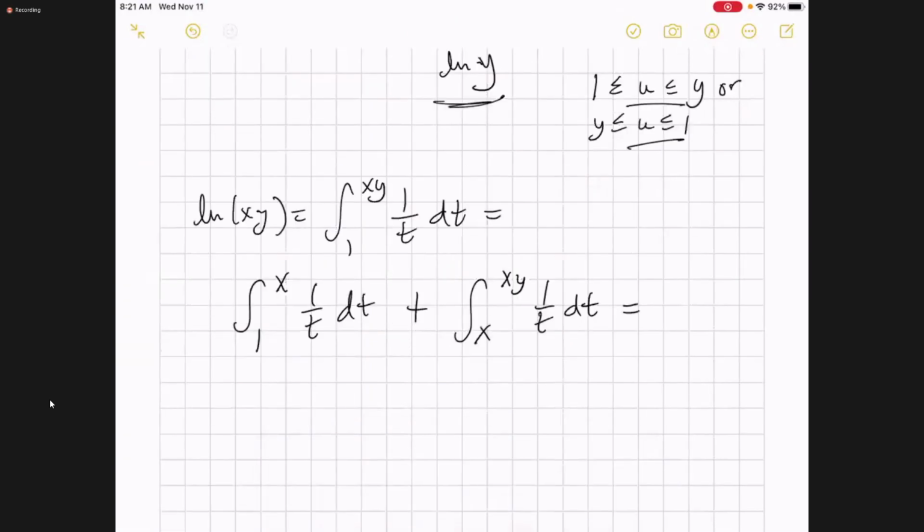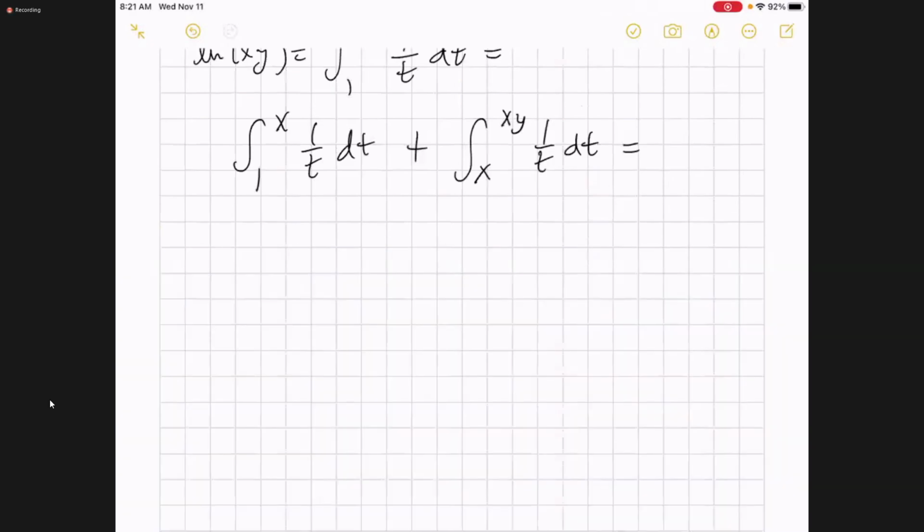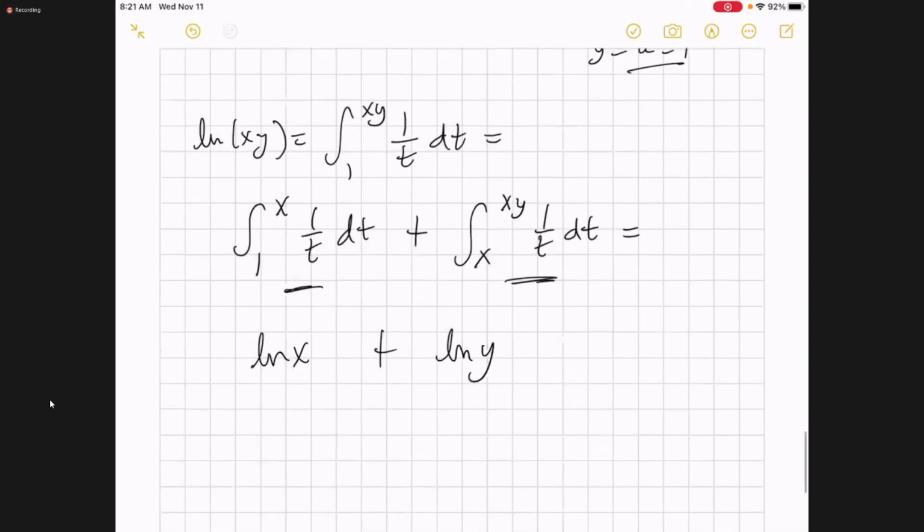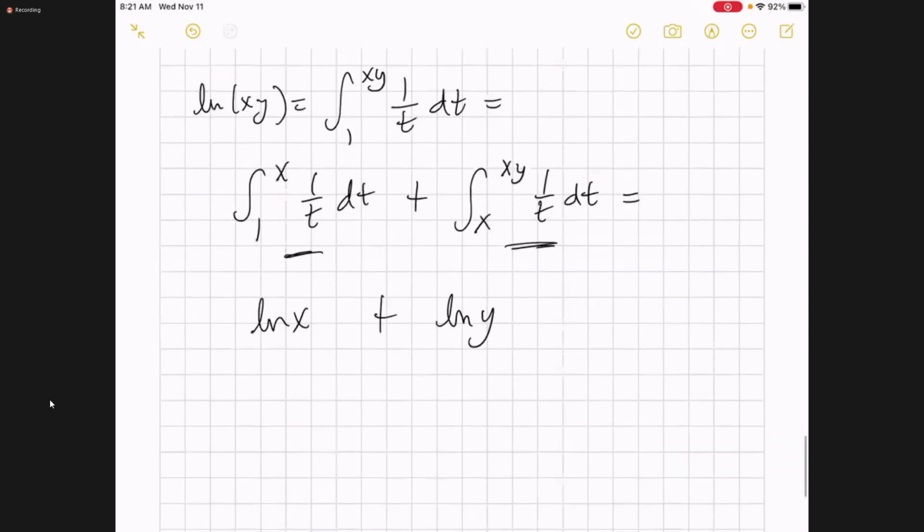And this is ln of x, the definition. We just showed that this integral is ln of y. So we have proved that ln of xy is ln of x plus ln of y.